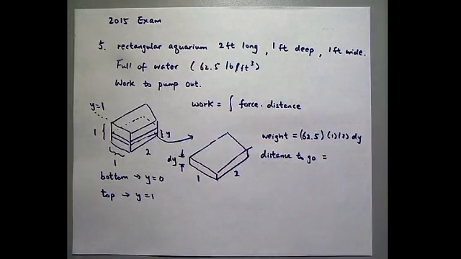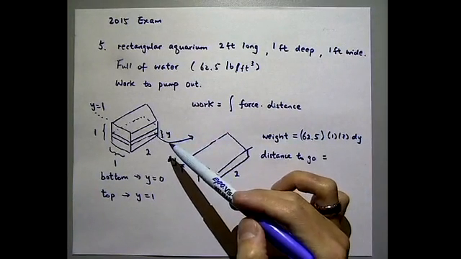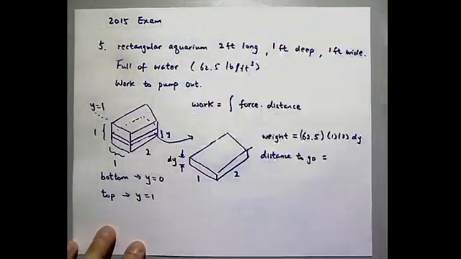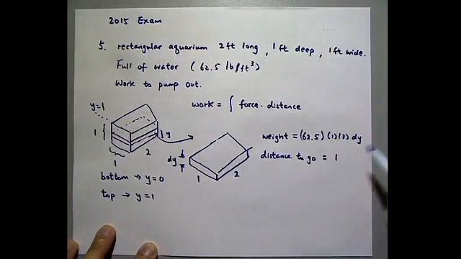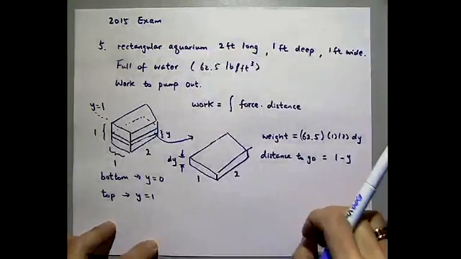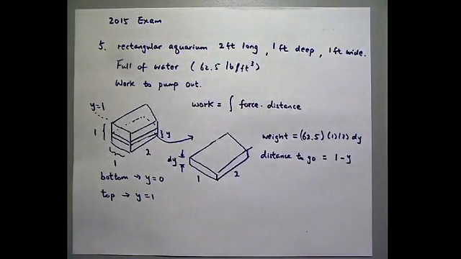And now we assume that slice already got a height of y measured from the bottom. And it wants to go to the top, right? So the goal is 1, and it's already got a height of y. That's the distance it has left to travel to go to the top before being pumped out of the tank.